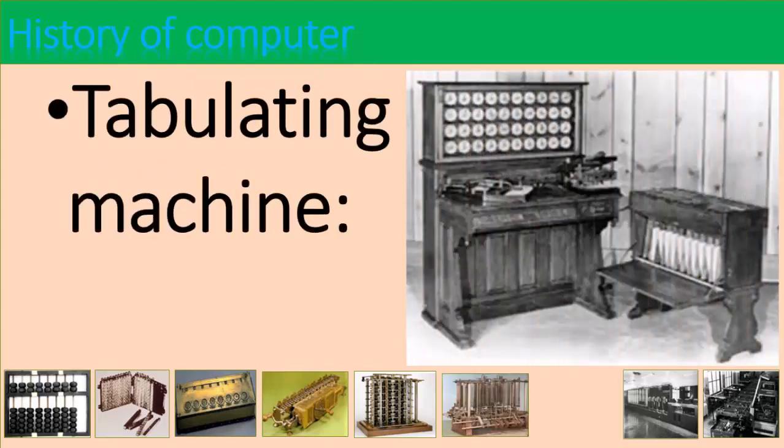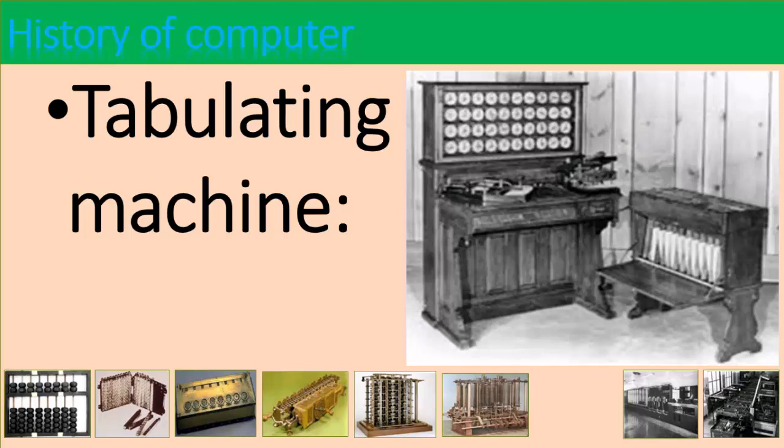The next one, students, is the tabulating machine. Students, it was invented in the 1890s by Herman Hollerith, an American statistician. It was a mechanical tabulator based on punch cards.